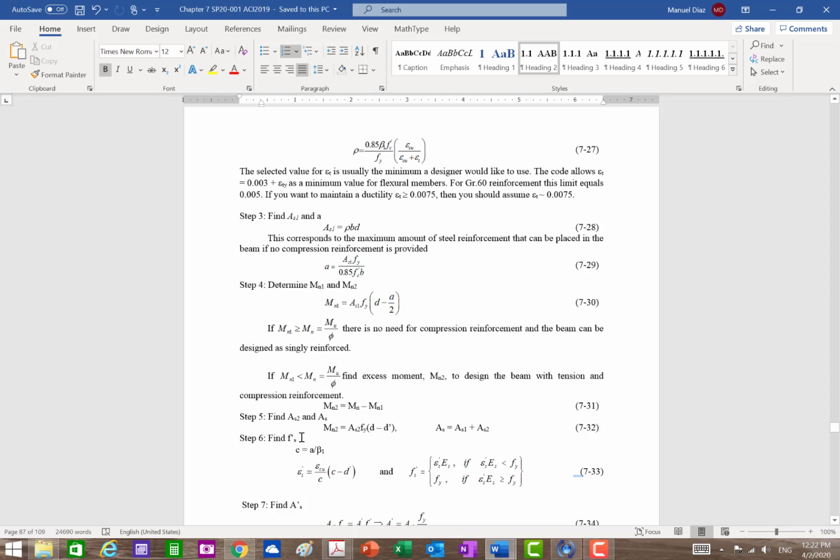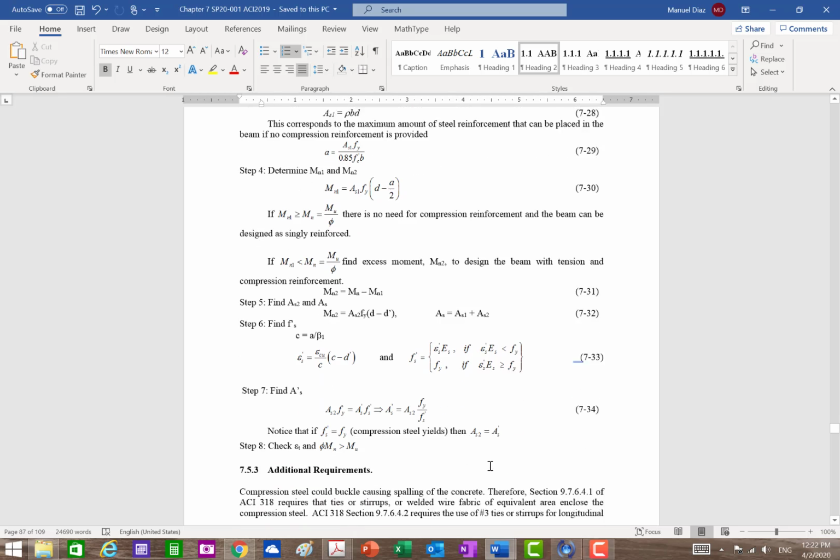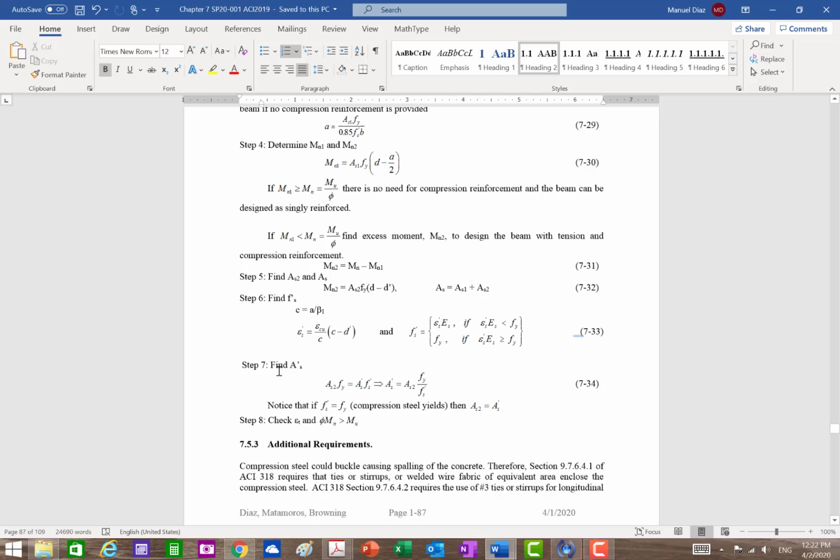And so your f's, you need to find it again. That means you need the c value, you need an epsilon's. And again, you cannot exceed fy. Once you find your epsilon's, you can find the A's, the area that you need in compression, by simply making the area of the tension bars, the second area.